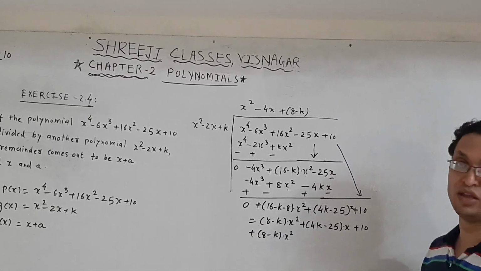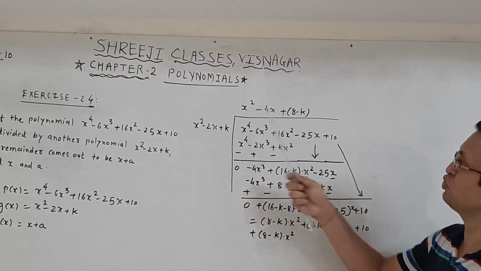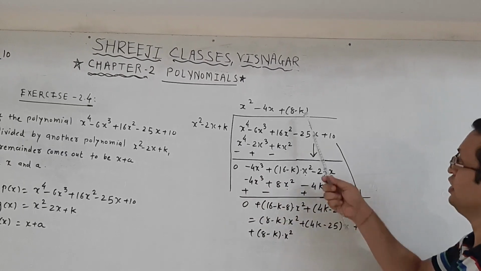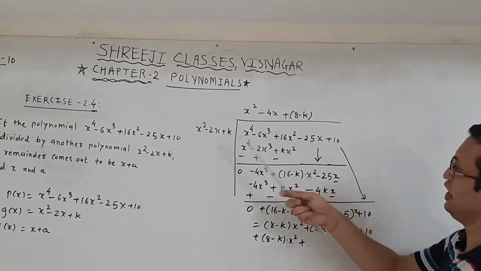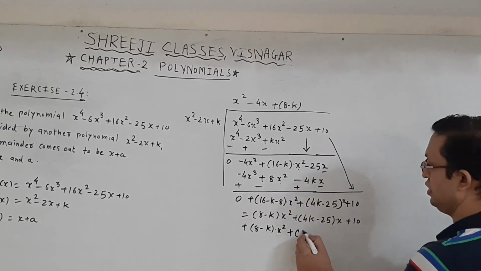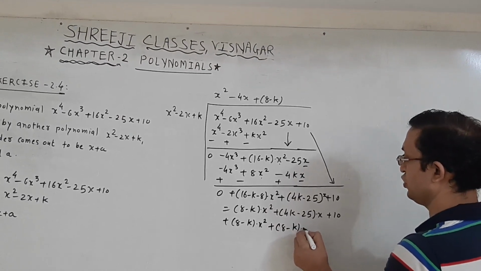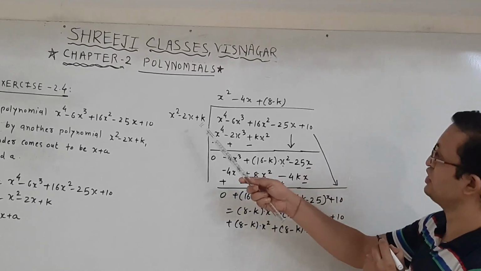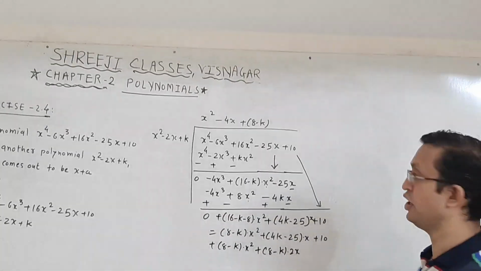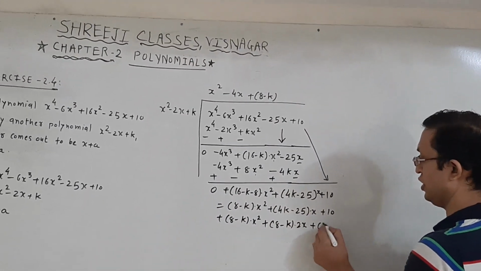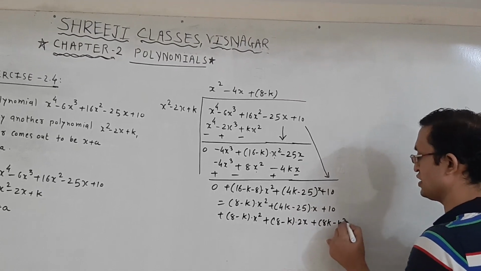Be careful with this simplification. Minus 2x multiplied by 8 minus k, here x is common, 8 minus k into 2x, and the last term is plus 8 minus k into k, that is equal to 8k minus k square.